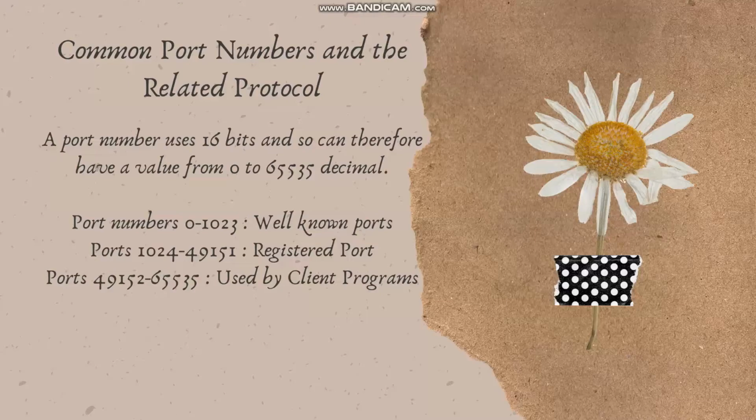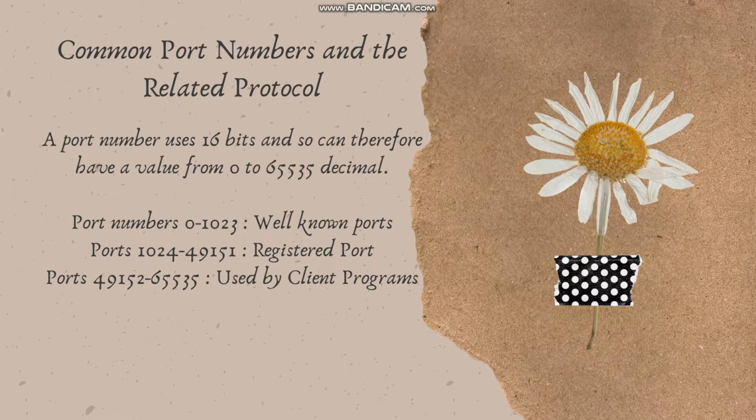Common port numbers and the related protocols. The Internet Assigned Numbers Authority, or IANA, is responsible for the global coordination of the DNS root, IP addressing, and other Internet Protocol resources. These include the registration of commonly used port numbers for well-known Internet services.